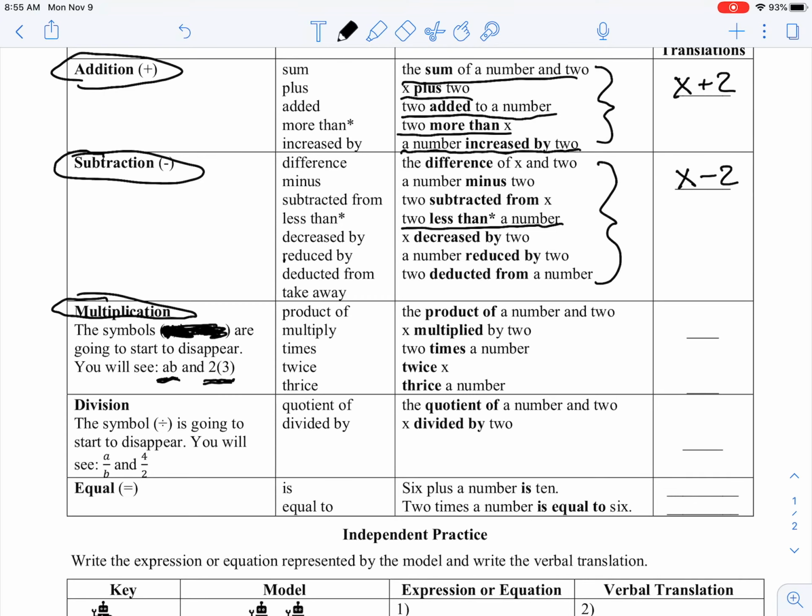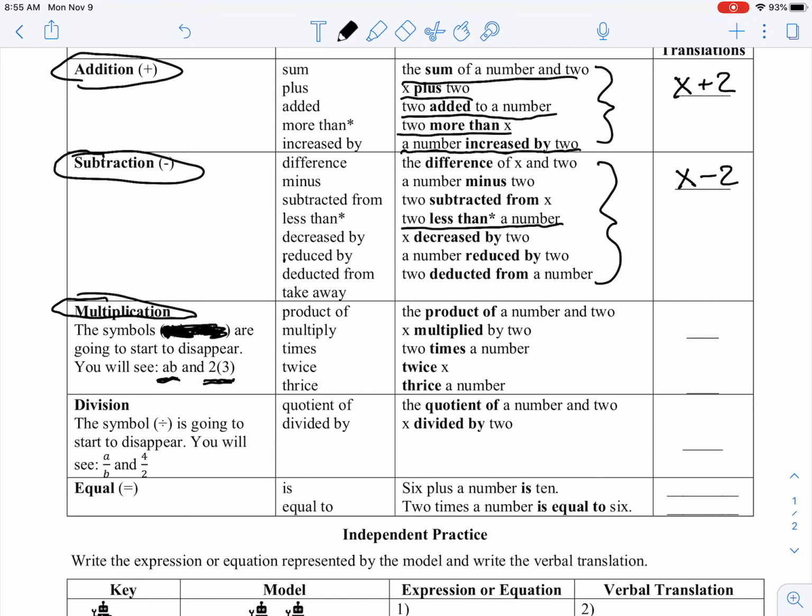Alright, so the keywords for multiplication, we have product of, as in the product of a number and 2. We have multiply, as in x multiplied by 2. Times, 2 times some number. Twice, we have twice x.